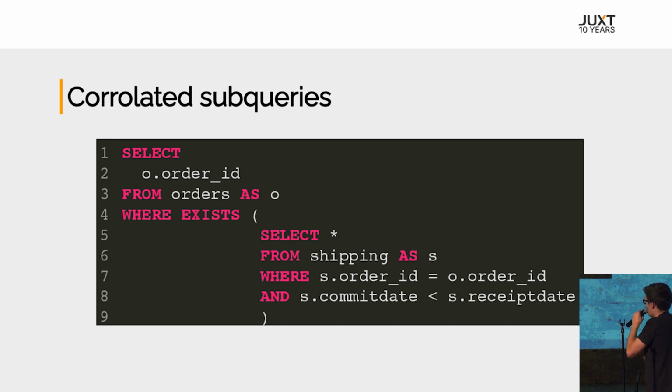We committed to some arrival date, and then the receipt date was after that. In the inner query, we also reference the outer orders table. This is what is called a correlated subquery. This subquery references the orders table above.